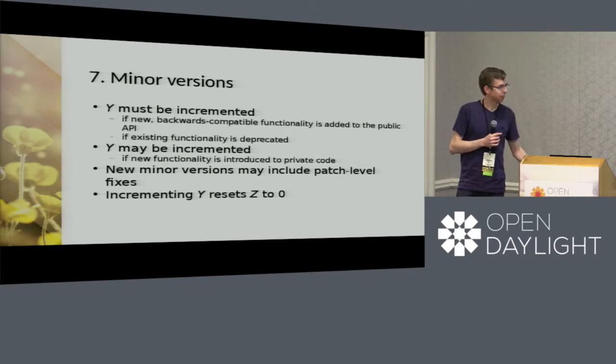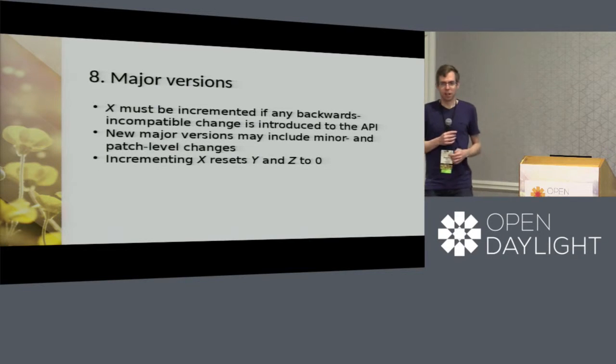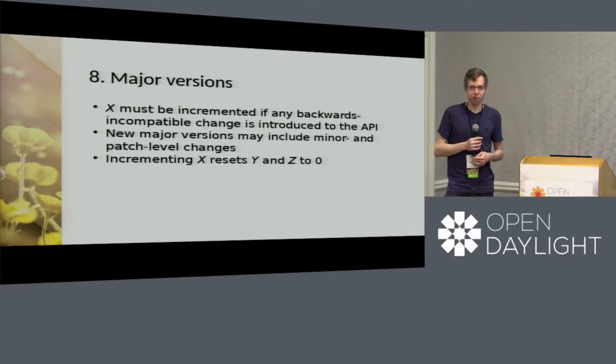If that makes sense. And then the last component, the first one, major versions, you increment it if you introduce backwards incompatible changes to the API. And of course, while you're doing that, you can still introduce bug fixes and new features that are backwards compatible, and you reset Y and Z to 0.